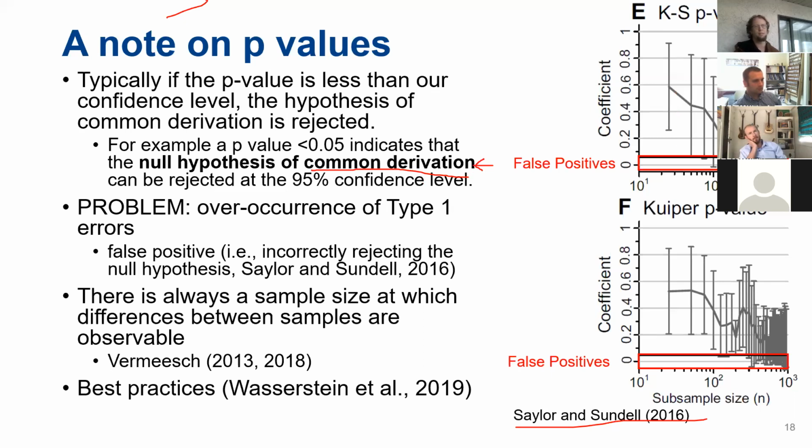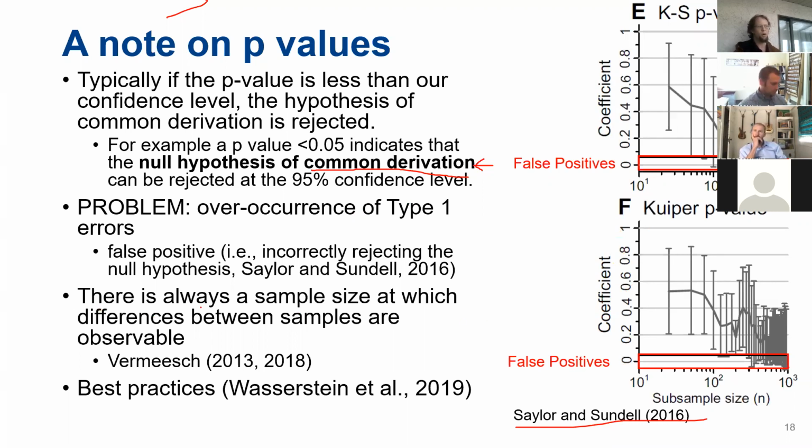All of these should be above the 0.05 value. But we're getting these false positives indicating that we should be rejecting this hypothesis of common derivation for a lot of these samples. And the same thing goes for the Kuiper p-value as well.